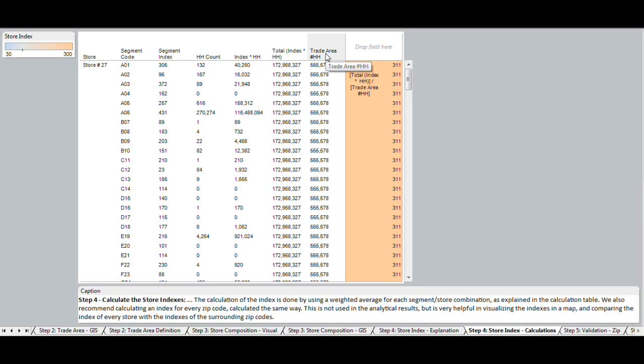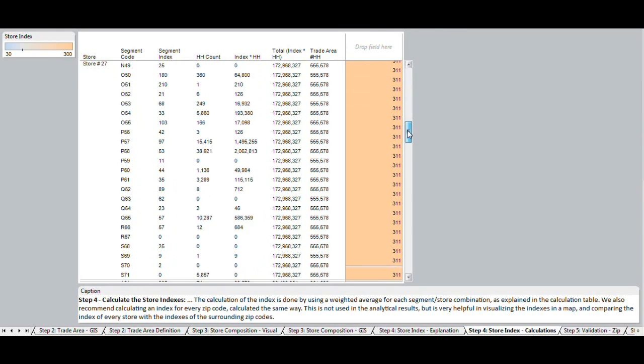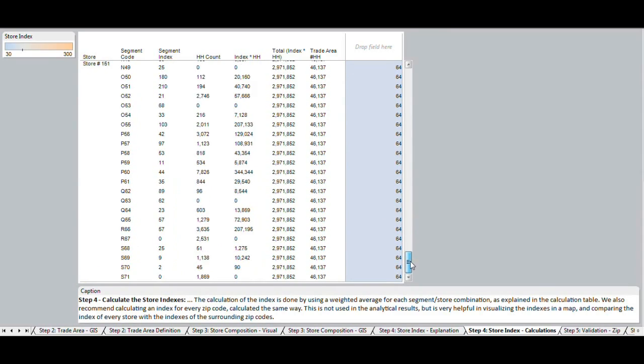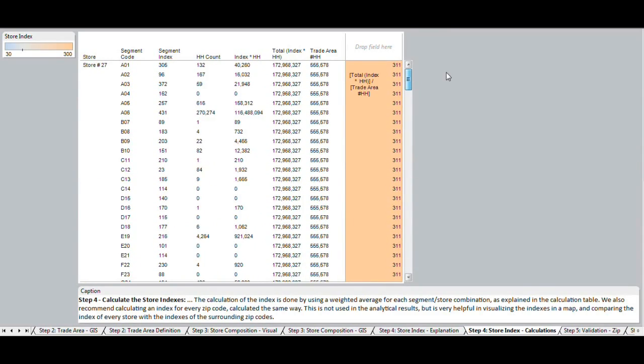And then we calculate the trade area number of households, which is the total of this column. And then we just do a ratio of those two columns and get to the specific index. So you can try the calculations yourself and see how this works. And you can do this math using thousands of stores, and you can very easily calculate the index for each of those stores.